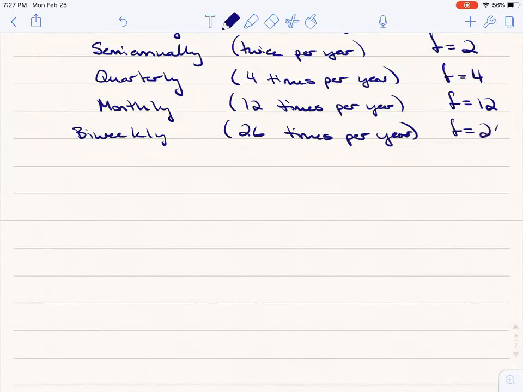So F is 26. The reason for that is because weekly is 52 times per year, and 52 divided by 2 is 26. So weekly is 52 times per year. So F is 52.